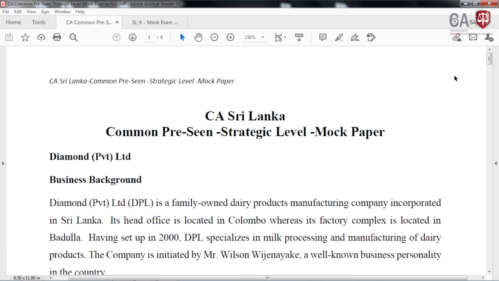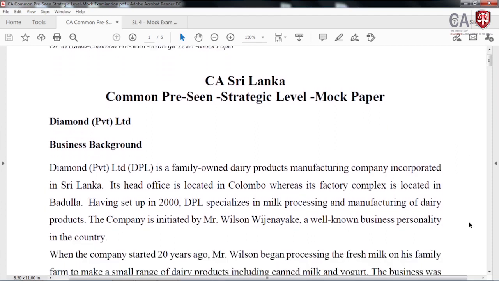We have already identified the company name, that is Diamond Private Limited. So, we will read the background information given. Diamond Private Limited, DPL, is a family owned dairy product manufacturing company incorporated in Sri Lanka. Its head office is located in Colombo, whereas its factory complex is located in Badulla.